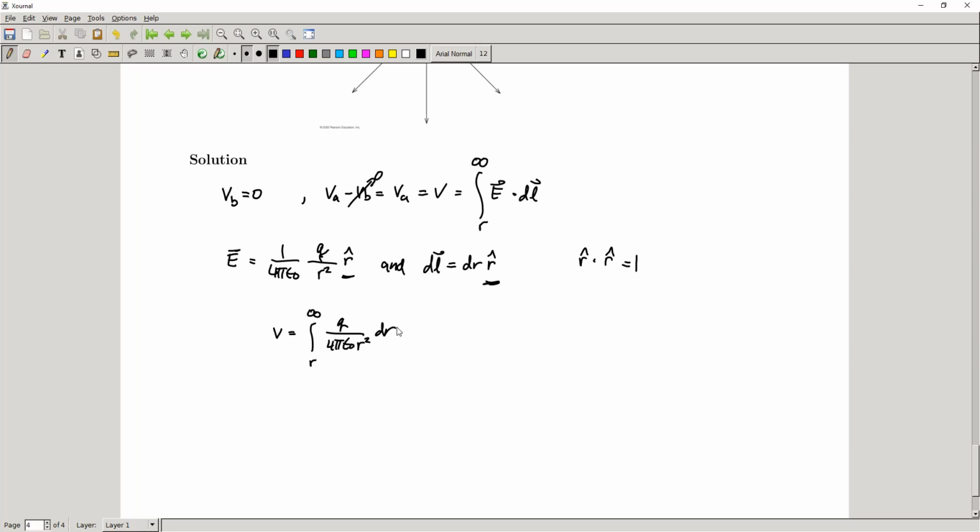Okay, and we should be able to do this one fairly simply. We can factor out the q and the 4 pi epsilon naught.